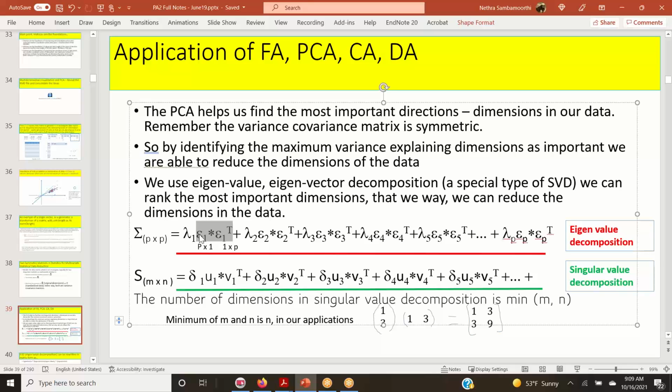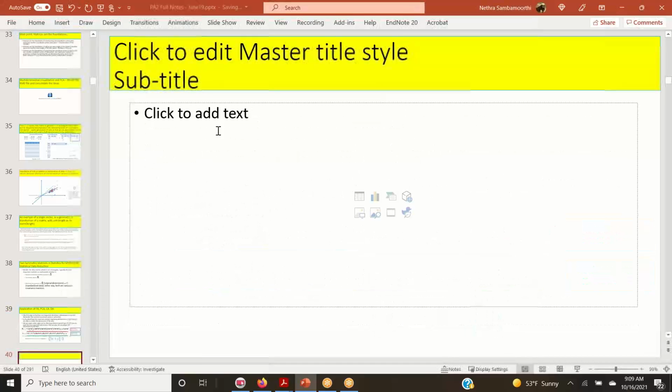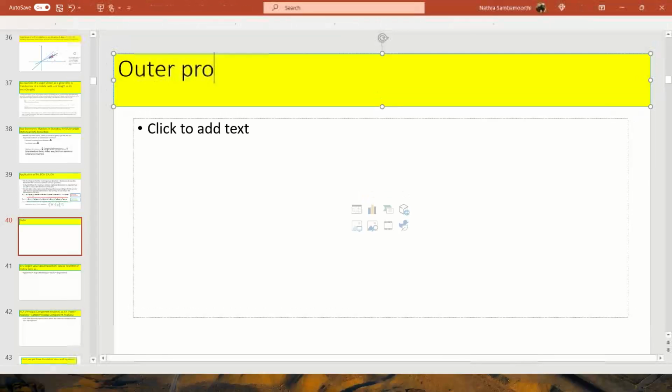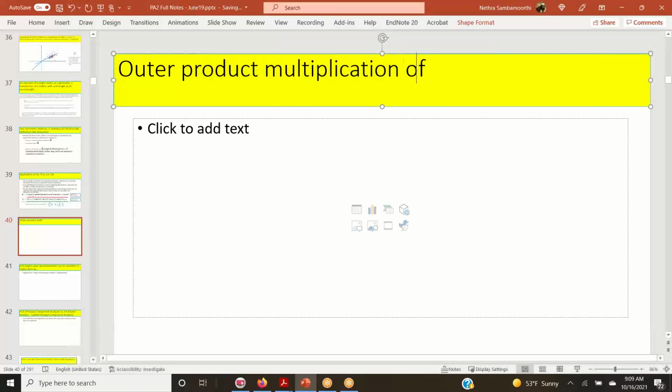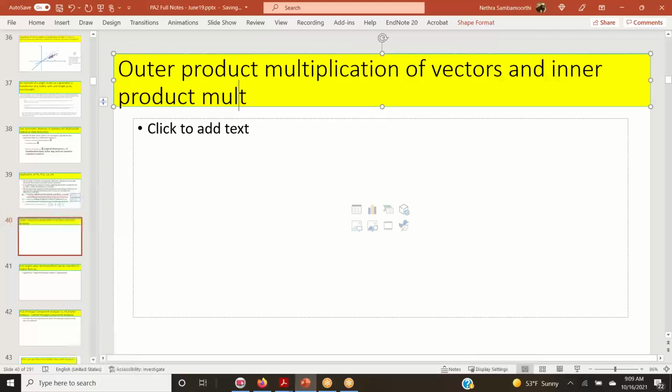If you take it this way, and if you do it this way, it's called inner product. Please note it down. Outer product, multiplication of vectors, and inner product, multiplication of vectors.